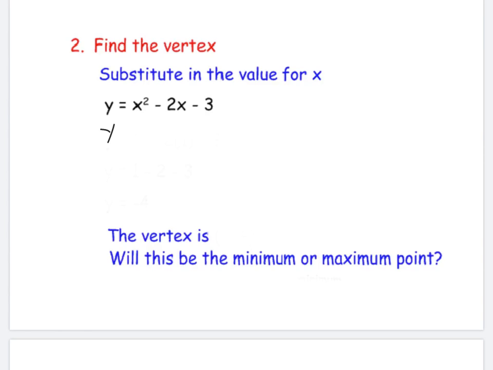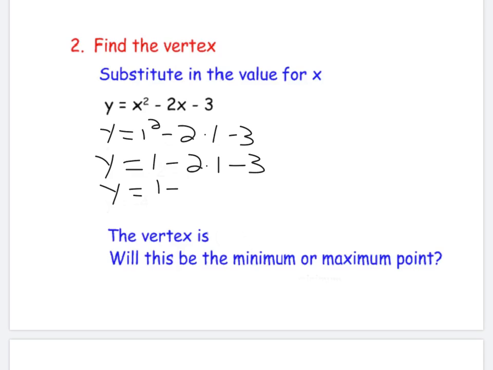So I would have y equals, we just found x was 1, so I have 1 squared minus 2 times 1 minus 3. To solve this, I would use the order of operations, so I have to do my exponents first. So 1 squared is 1, minus 2 times 1, minus 3. Now I have multiplication to do next, so I'd have y equals 1 minus 2, minus 3.